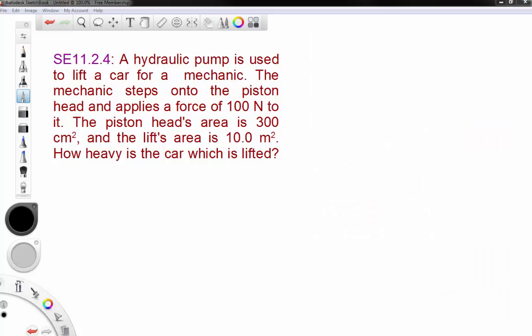All right, to solve this question, we basically just use that the output force, which is equal to the weight of the car, should be equal to the input force times the output area over the input area.